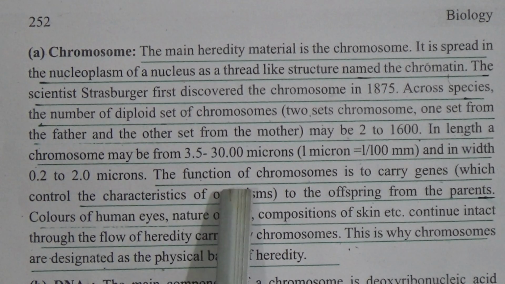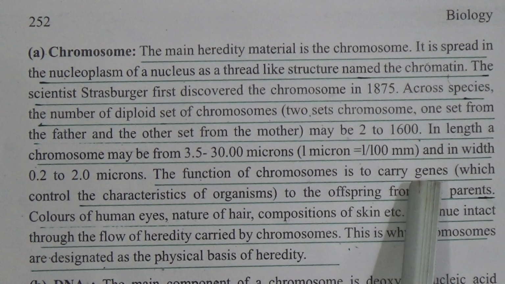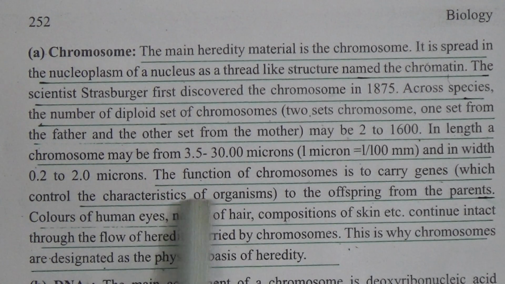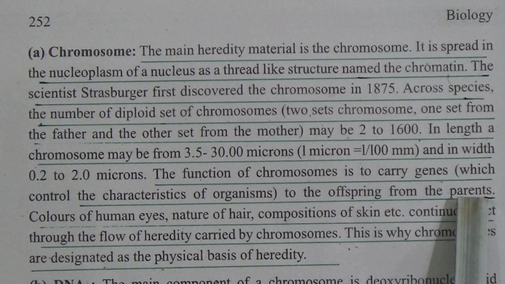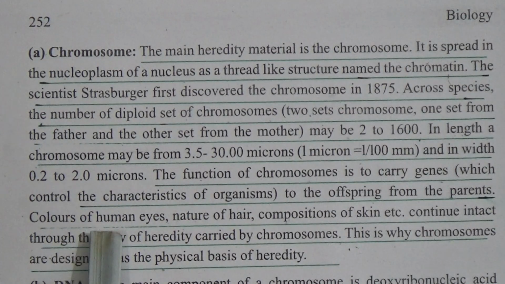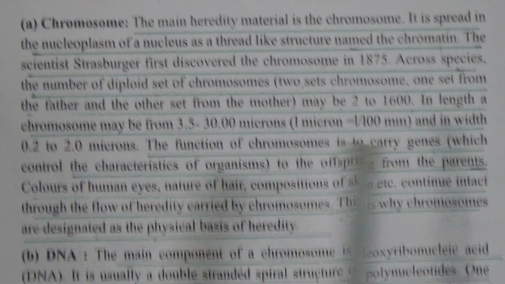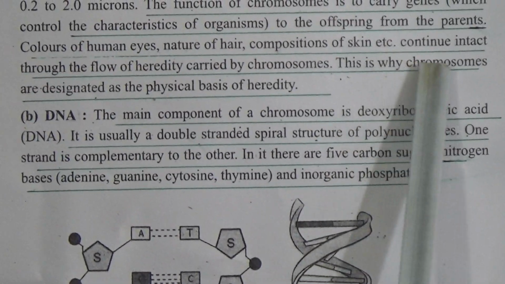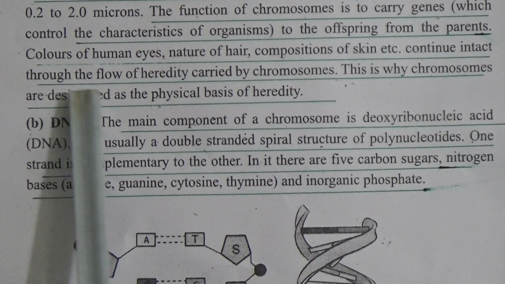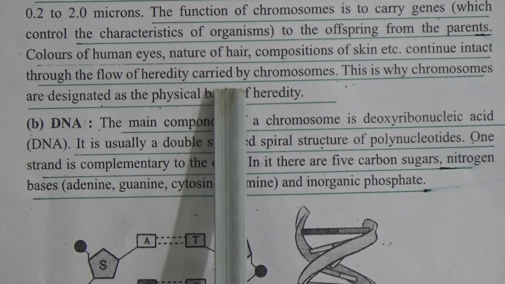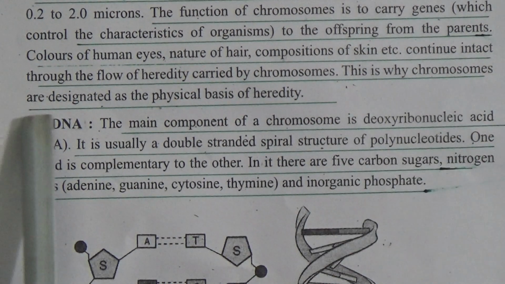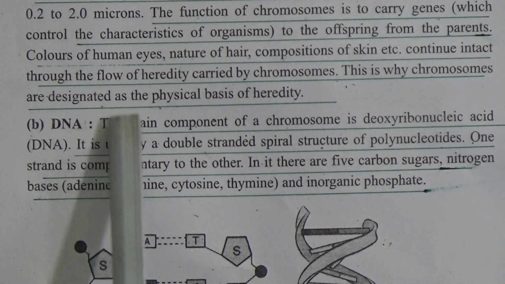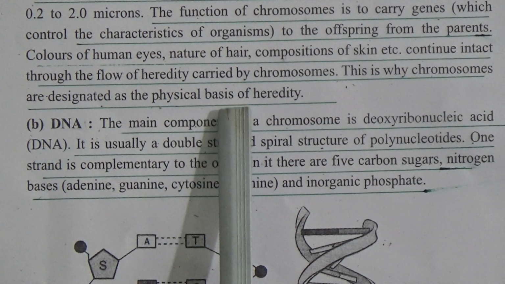The function of chromosomes is to carry genes which control the characteristics of organisms to the offspring from the parents. Colors of human eyes, nature of hair, composition of skin, etc. continue intact through the flow of heredity carried by chromosomes. This is why chromosomes are designated as the physical basis of heredity.